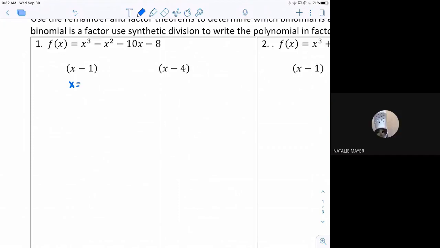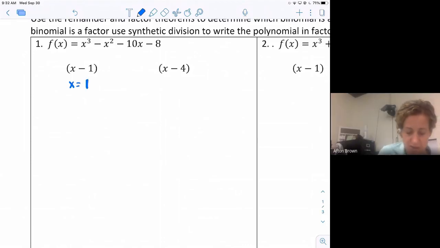Will it be +1? Perfect. Yep, a +1, exactly. Before I would try synthetic division, I want to know if I get a remainder of 0. So this is where you evaluate the function at 1. We're going to plug 1 in for x. You can do it by hand, or if you're like me, I'm just going to do it on my calculator. So I want to enter this function in on the calculator.